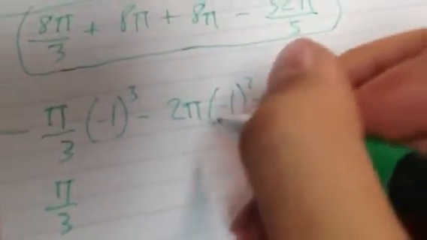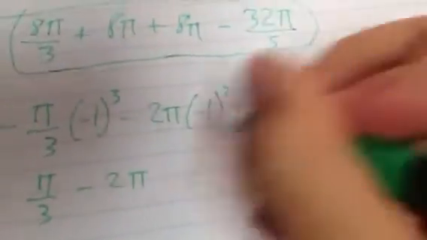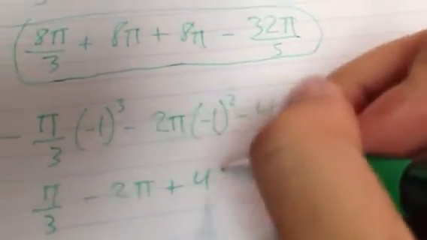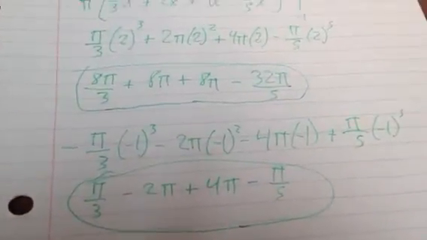This is -1, so this is going to be positive pi thirds. This is going to be minus 2 pi. This is going to be plus 4 pi. And this is going to be minus pi fifths. Yes. So, sorry. There you go.